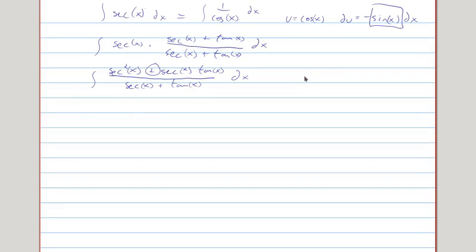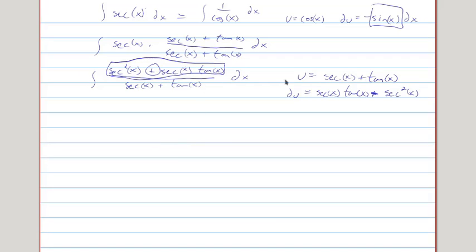Okay, now I'm going to let my u be that denominator. That means du is, well, what's the derivative of secant of x? Derivative of secant x is secant x tan x, and then plus the derivative of tangent x, which is secant squared of x. And notice that is what I have on top here.